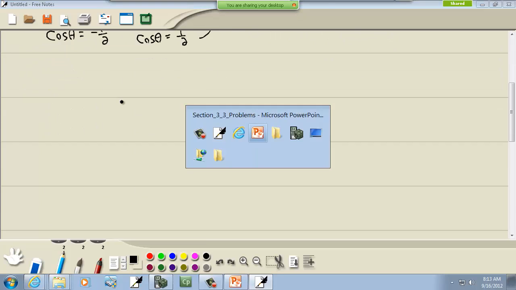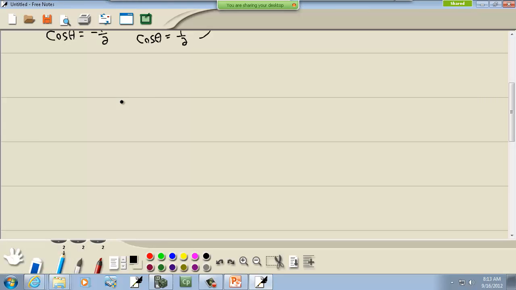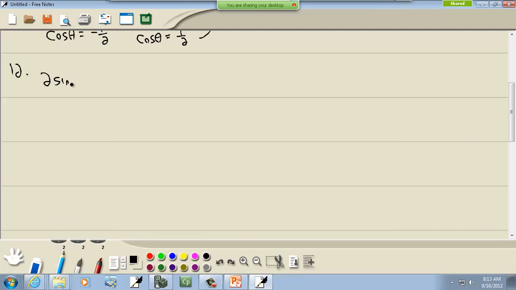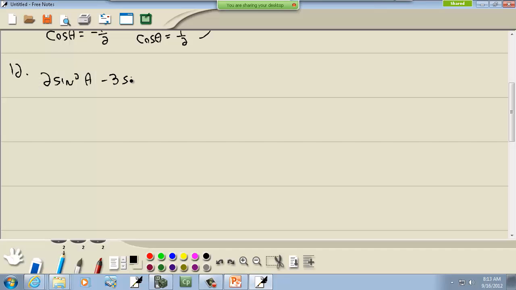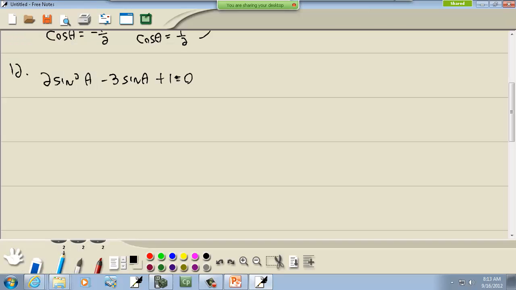Let's take a look at another factoring one. So we got 2 sine squared theta minus 3 sine theta plus 1 is equal to 0. Now again, if having the trig part there is throwing you on the factoring, then replace the trig part with a variable.